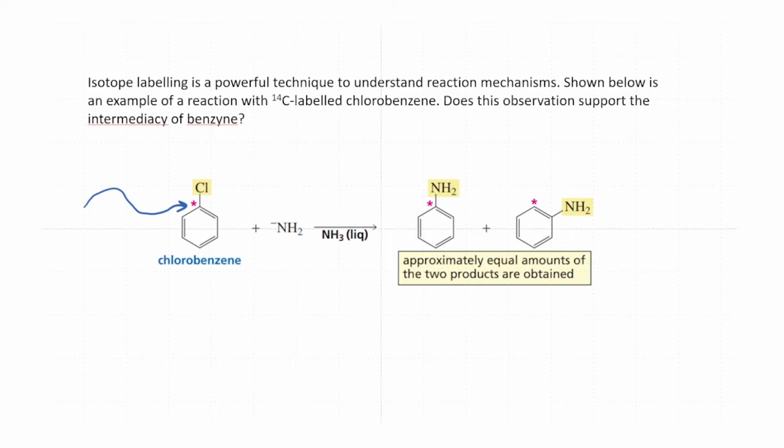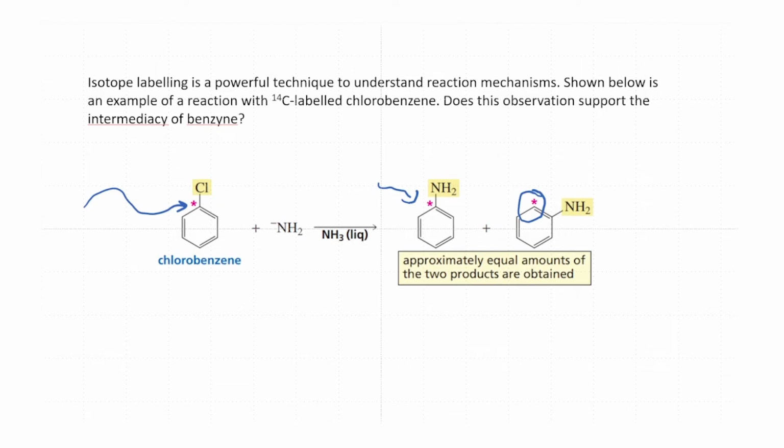So for example, if it was a direct substitution, if we replace chlorine with NH2, then this would be the exclusive product that is formed. But according to the observation, you have an almost 1:1 mixture of the carbon 14 label being here versus being here, okay, which is right next to the NH2.